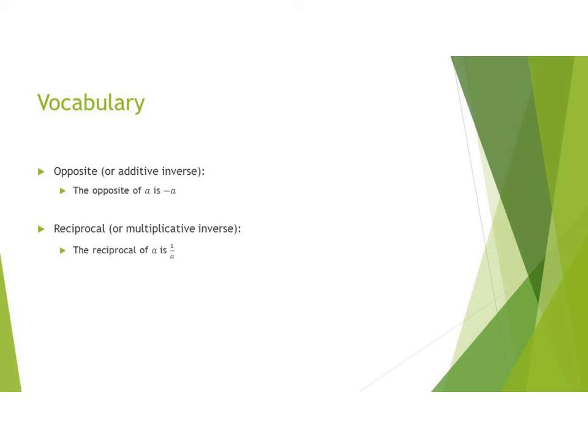I know I just touched on these two, but I want to make sure that you had them down. Opposite is the exact same thing as additive inverse. They mean the same thing. The opposite of A is negative A. So the opposite of 5 is negative 5, or the opposite of negative 7 is positive 7. One way to look at them is they are equidistant from 0 on the number line.